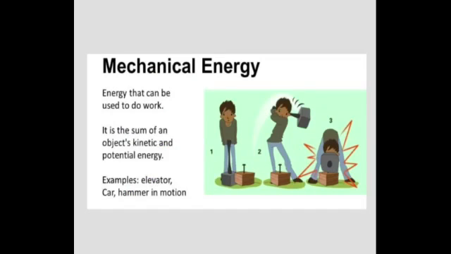We say that mechanical energy is the sum of an object's kinetic and potential energy. But what are kinetic energy and potential energy? We will go further on this topic to know about them.